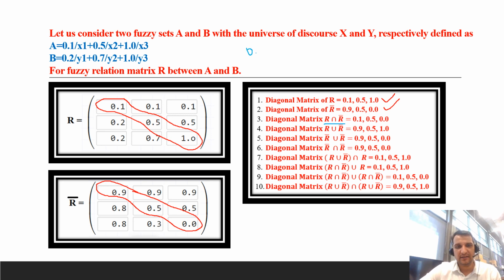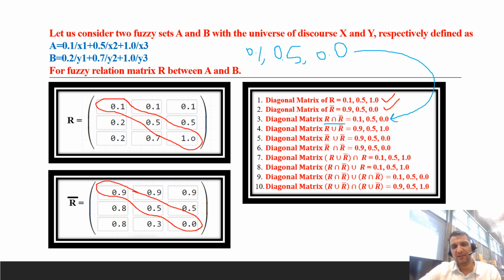Then 0.5 and 0.5, the minimum is 0.5 because both are the same. And in the last case 1.0 and 0.0, so the minimum is 0.0. So the final answer will be 0.1, 0.5 and 0.